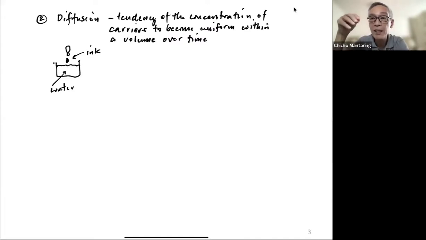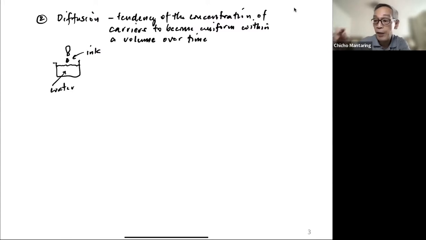But as time passes, what will happen? The ink will disperse throughout the volume. And after a long time, halos wala ka na makikitang tinta. This is if it's one drop. Of course, if you drop several drops, then it might change the overall color of the water. But eventually, the color of the water will become uniform. You know? That's because of diffusion.